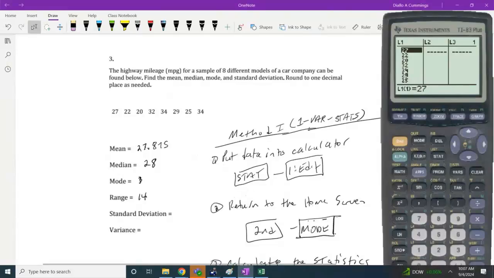As far as a mode is concerned, it's possible to have no mode, and it's possible to have more than one mode. For example, if I had a 25 in this data set, the mode would then be 25 and 34, because 25 would appear twice and 34 would appear twice.